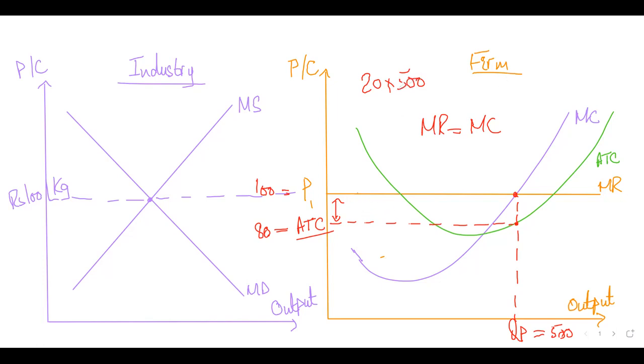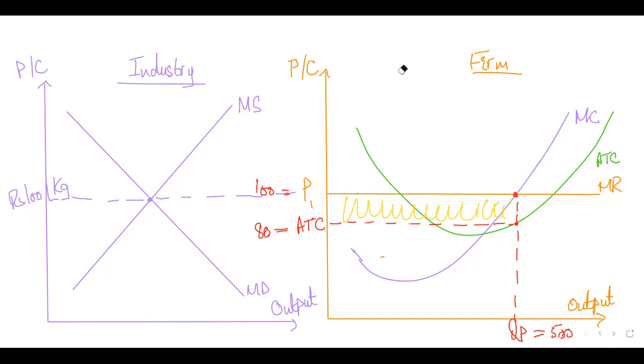So the area of the shaded region, this rectangle, shows you your total profit. Any confusion so far? Students, anything that's not clear, anything you want to ask me? Huda and Preet, is everything clear so far? Does it make sense? Got it?